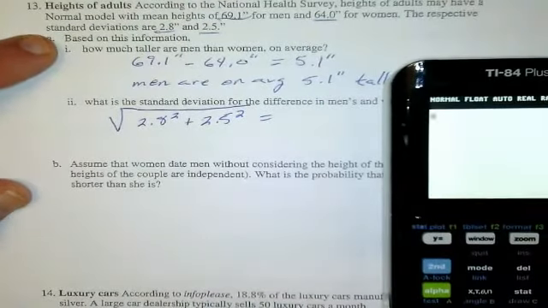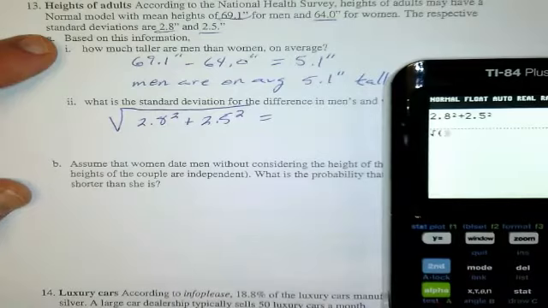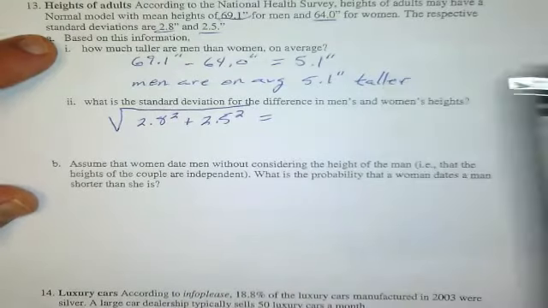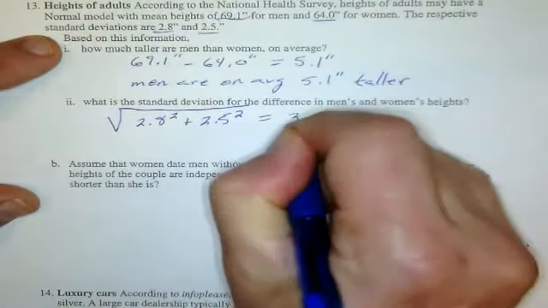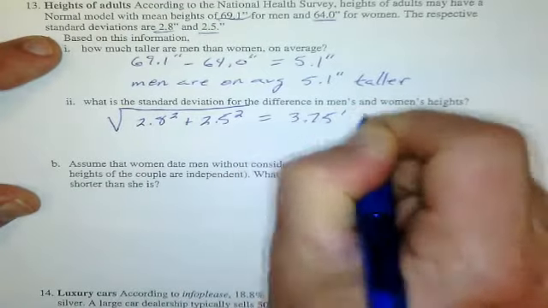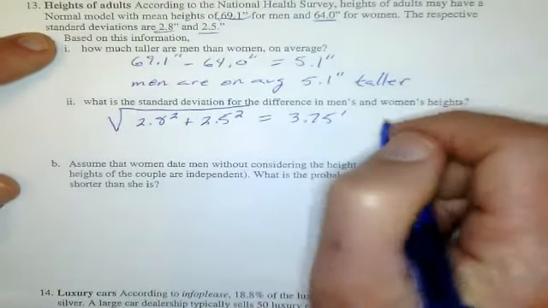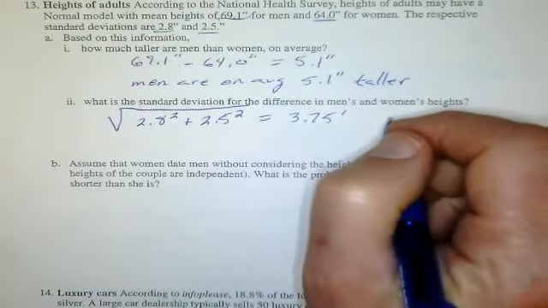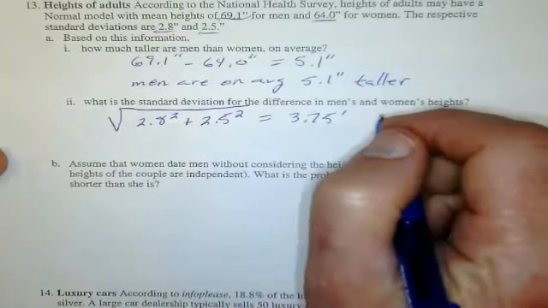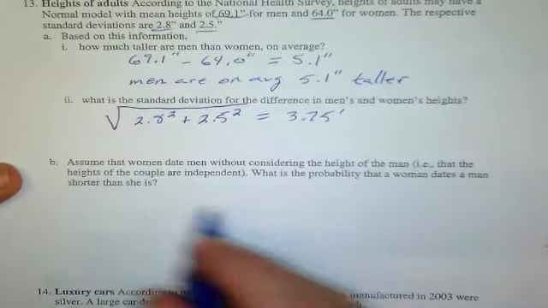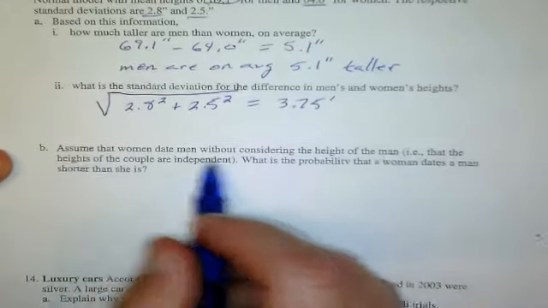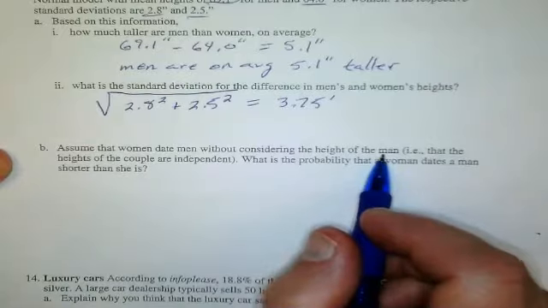We find the variances and we add: 2.8 squared plus 2.5 squared equals 14.09, so the square root of 14.09 is 3.75 inches. That's my standard deviation.